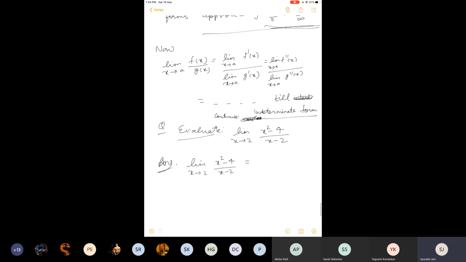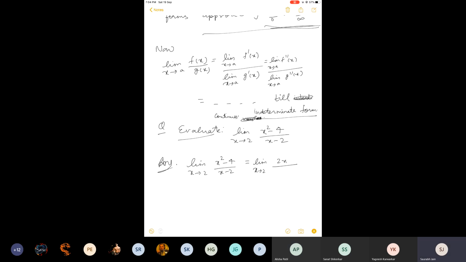Now, can anyone help me with differentiation? Can anyone tell me what is the differentiation of the numerator, x square minus 4? 2x. Correct.